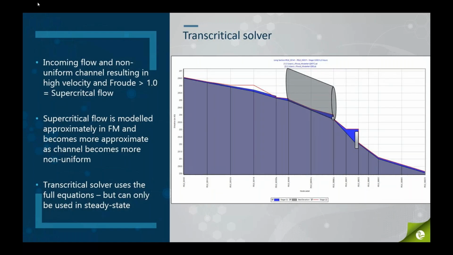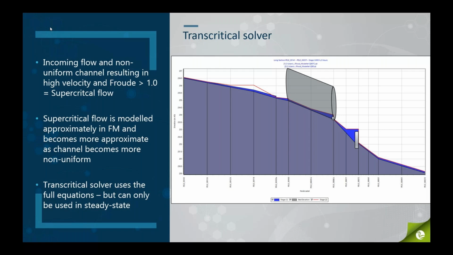So why is that happening? Well, that mound of water is where the small tributary is coming in. The channel at this section is particularly non-uniform, and we're getting some very high velocities, which result in the Froude number exceeding 1, which means we're getting supercritical flow.